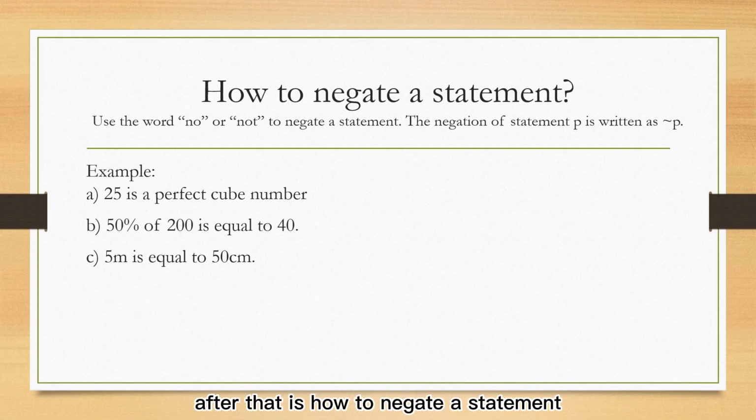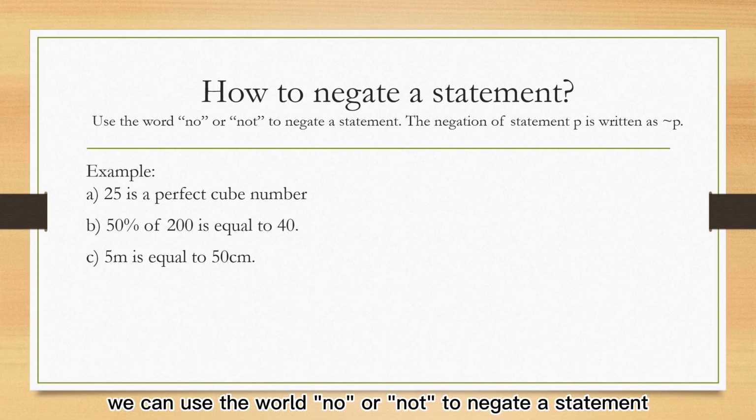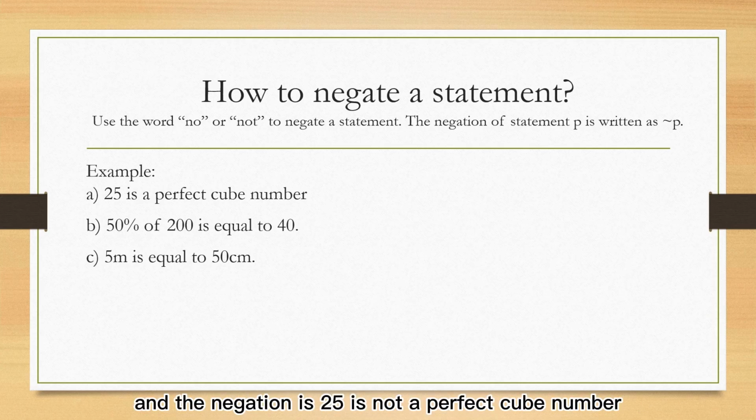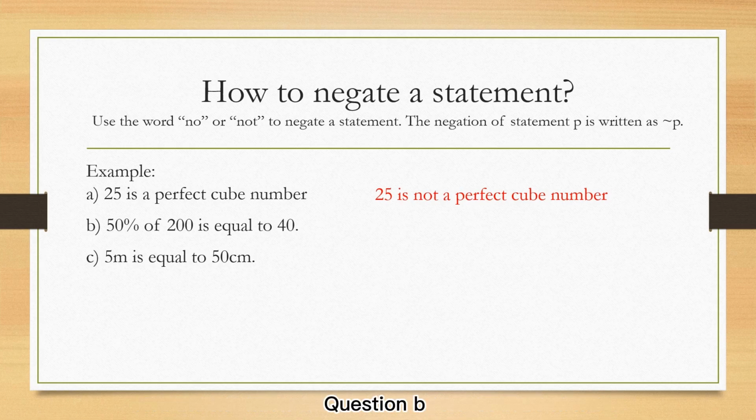After that is how to negate a statement. We can use the word no or not to negate a statement. For example, question A. 25 is a perfect cube number, and the negation is 25 is not a perfect cube number. Question B. 15% of 200 is equal to 14.